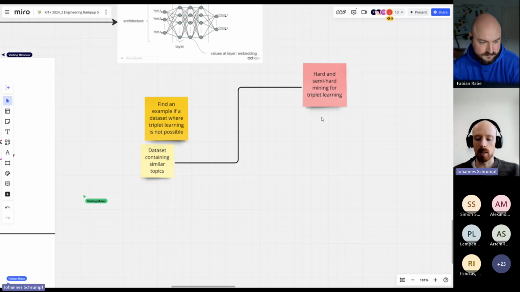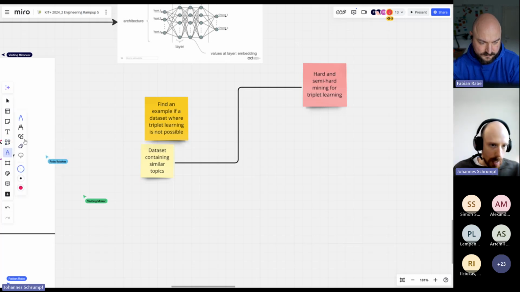a good balance for how hard it is for the network to distinguish between anchor, positive, and negative. For example, let's say in this legal domain, maybe you want to distinguish between two very similar legal domains that are nevertheless distinguished from one another because of some historical reason or technical reason in the legal domain. Let's illustrate this.